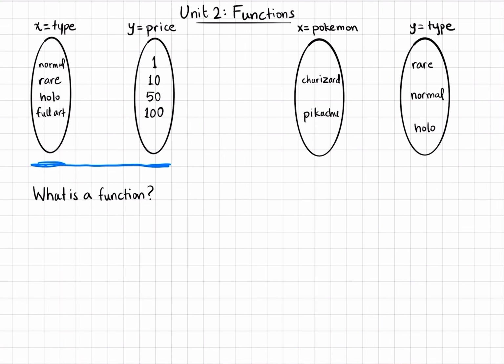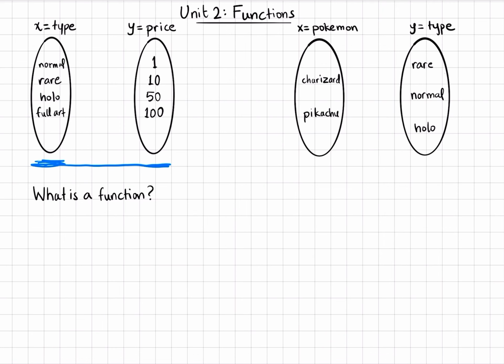So if you're familiar with Pokemon cards, when you open a pack, you could find normal cards or rare cards, holo or full art cards. So think of the type of card you find as items, the different types being items that I've listed in set number 1.